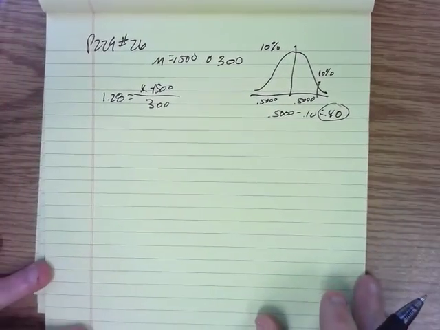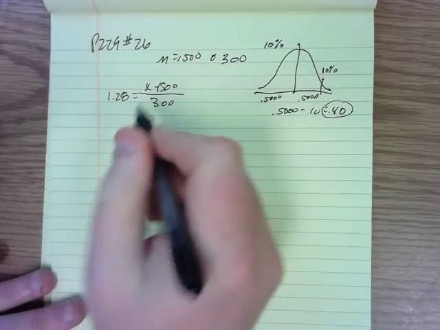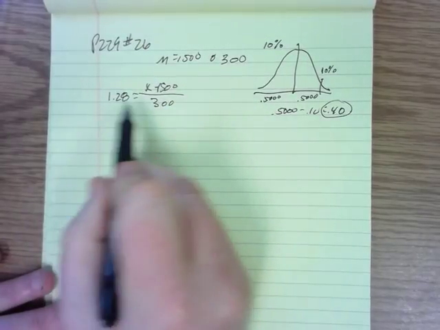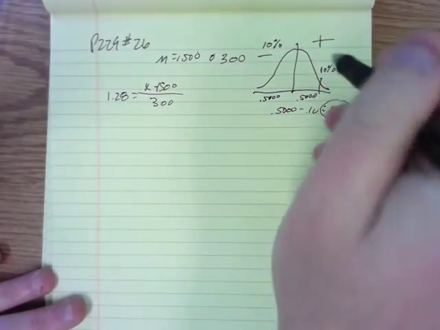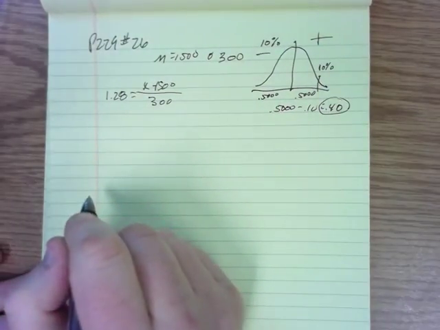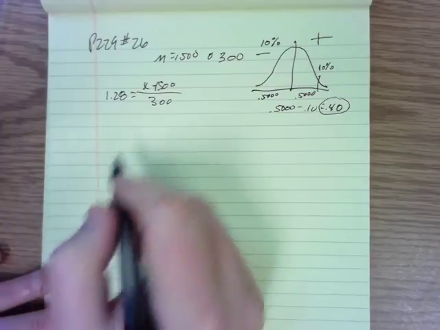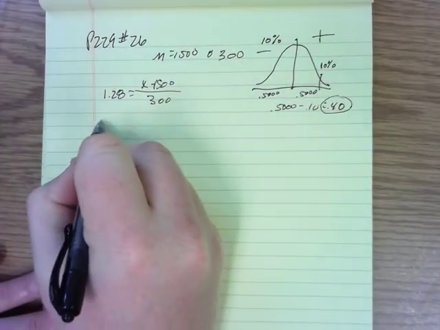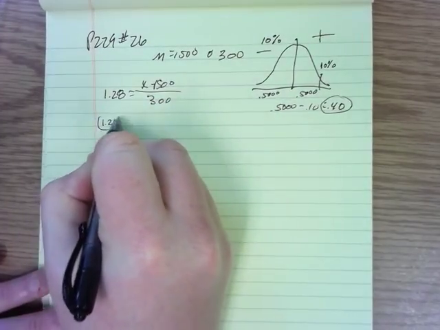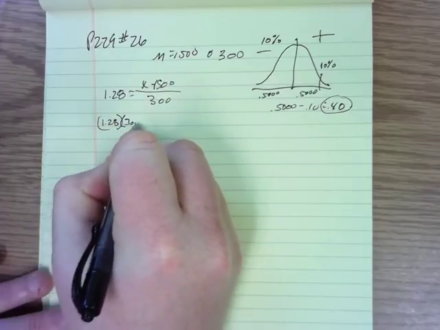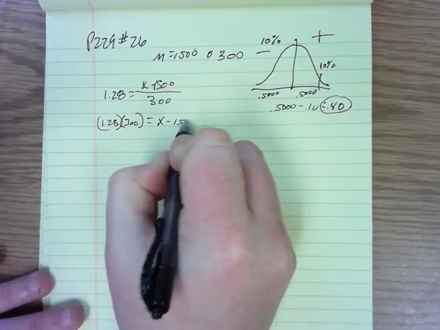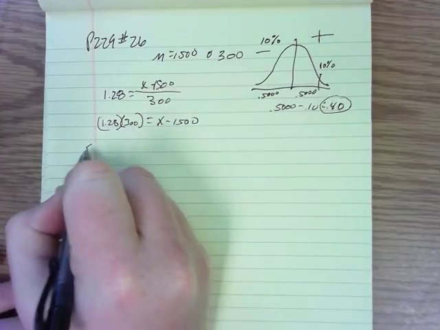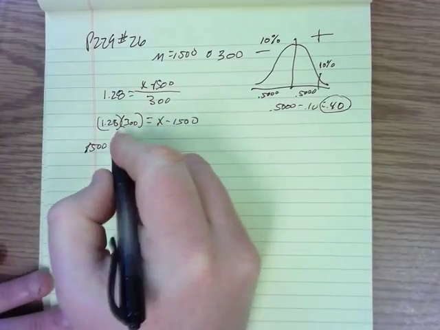So let's start solving for X. Let's bring the 300 across. And I'll remind you, this is going to be positive because we're on the positive side of the distribution. So we're going to go 1.28 times 300 is equal to X minus 1,500. Let's bring the 1,500 across.